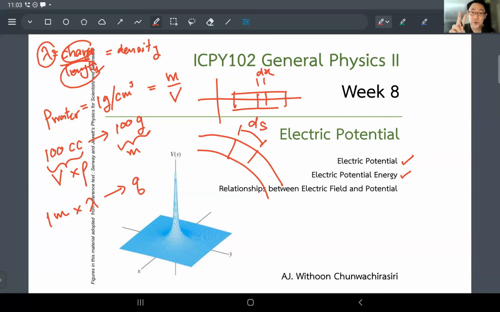These are the two things that we are going to learn, but they are closely related. It's just a conversion from one to the other. Eventually we're going to take a look at the relationship. Once again, you're going to make everything come full circle. So we're going to link back between the charge, the field, the force, the potential, and eventually the potential energy that we're going to learn today. So that's the whole picture.